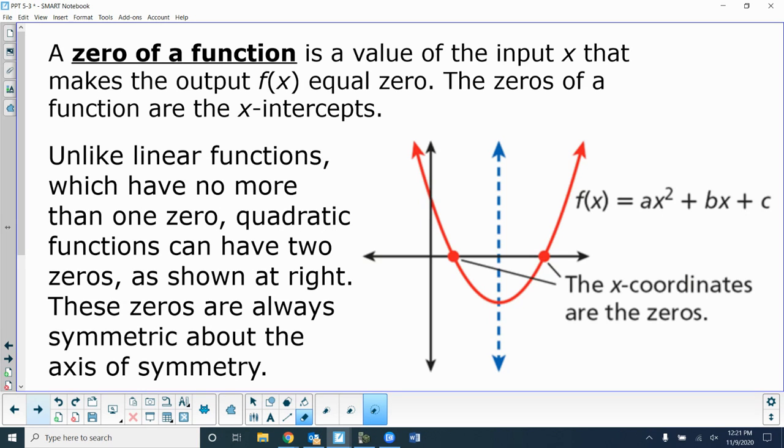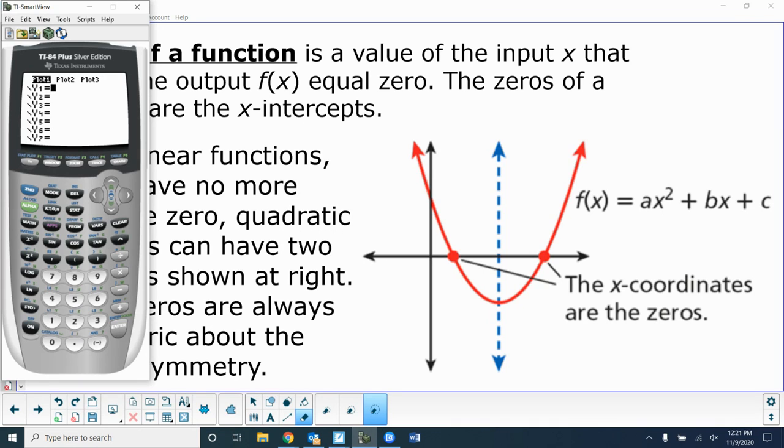So we could just graph a parabola. Let's just make one up: x squared plus 4x plus 3. That's a pretty easy one. There's my parabola. These two spots where it crosses the x-axis are my zeros.